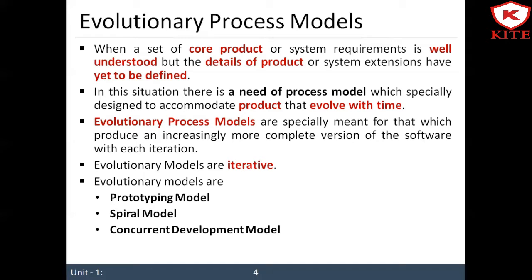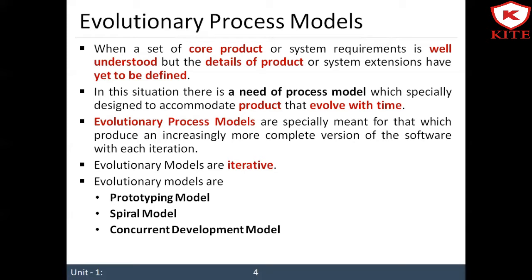Evolutionary models are iterative. They are characterized in a manner that enables software engineers to develop increasingly more complete versions of the software. Means evolutionary process models are specially meant to produce an increasingly more complete version of the software with each iteration.